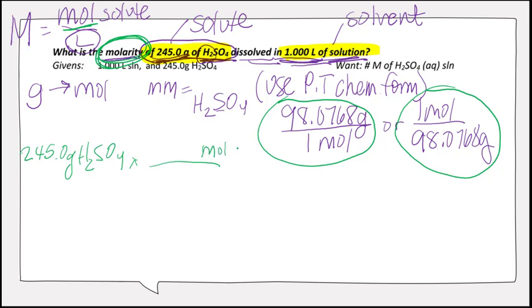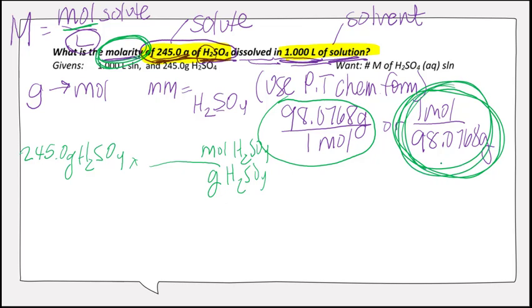I want moles. What have I got? I've got grams. So we need the ratio with the moles on top and grams on the bottom, which would be this guy, right? So 1 mole over 98.0768. That way, grams and grams can cancel out.